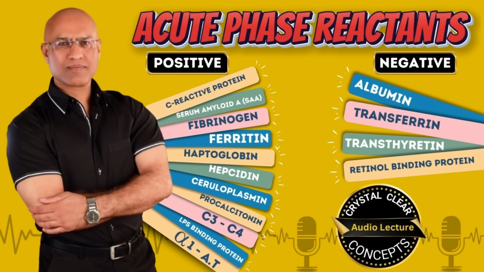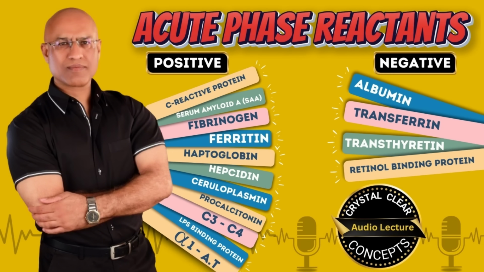But there are always some very good doctors who know that not only are there acute phase proteins, there are some other molecules other than proteins present in the blood which show acute phase behavior.